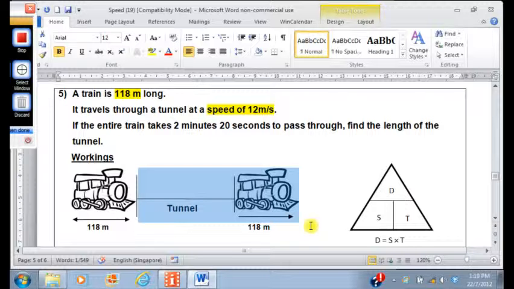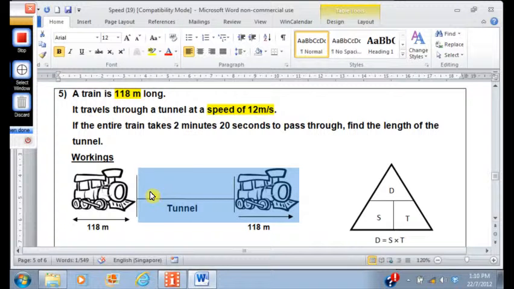So when a train travels through a tunnel, it will go through the tunnel, and when it exits out, it will have to travel its body length to come to a stop here. So this whole thing is the distance that the train travels.